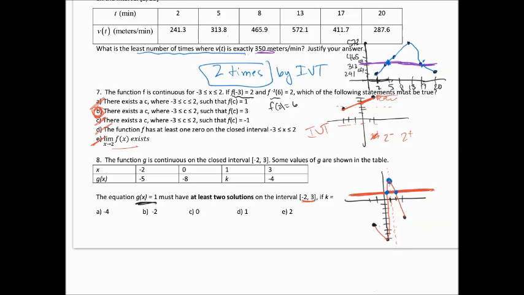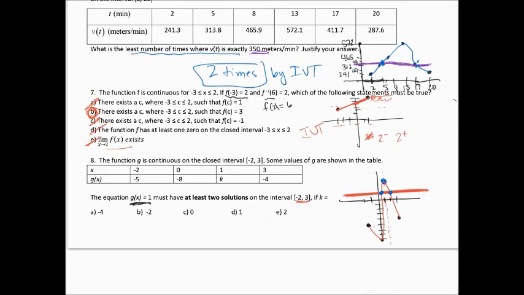So that means we have to be bigger than this one value. So the only possible choice that is bigger is E. So if I put this up at 2, then I will be crossing here twice, and that's what we were looking for, at least 2 solutions.